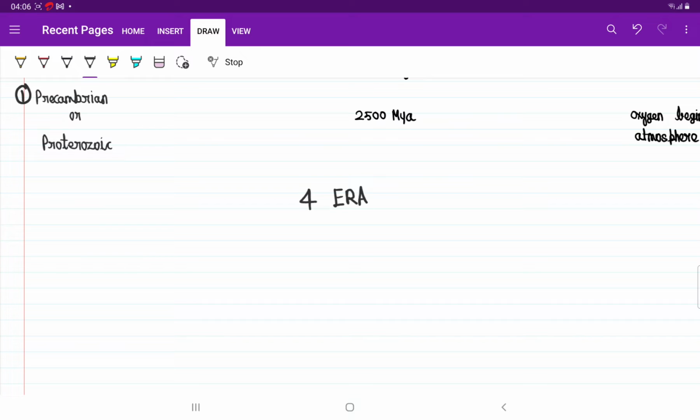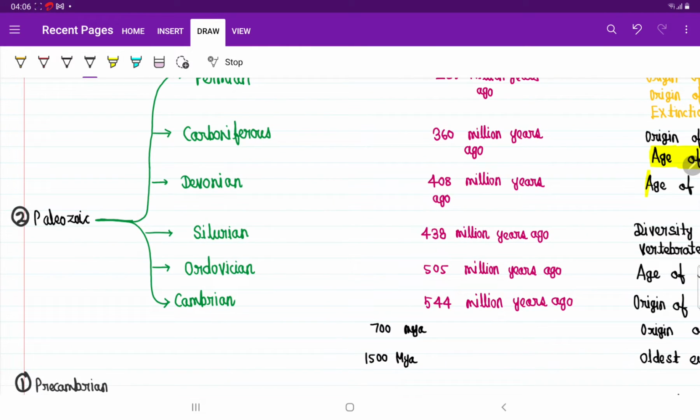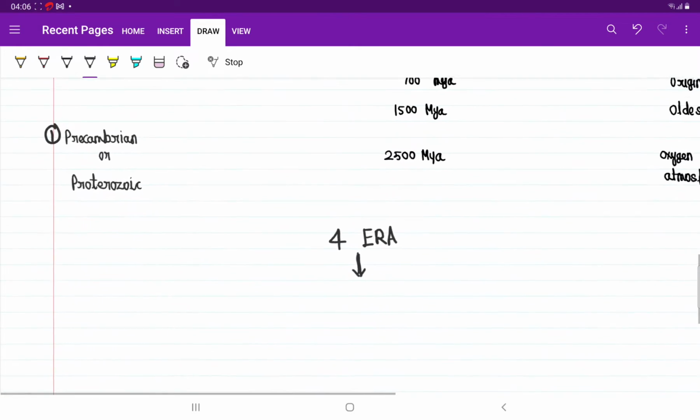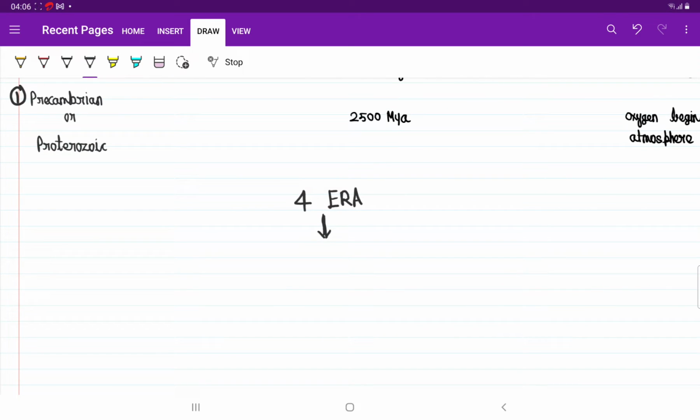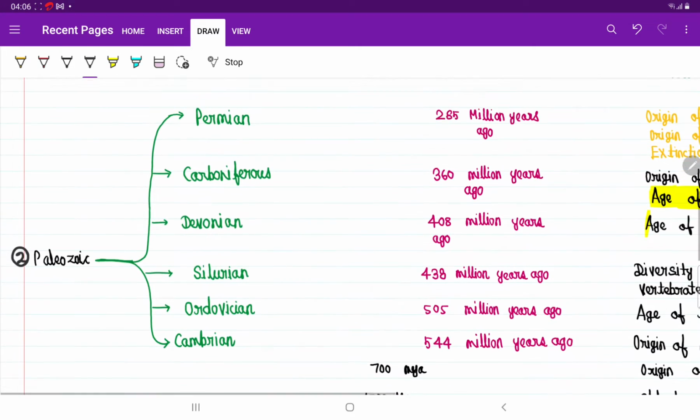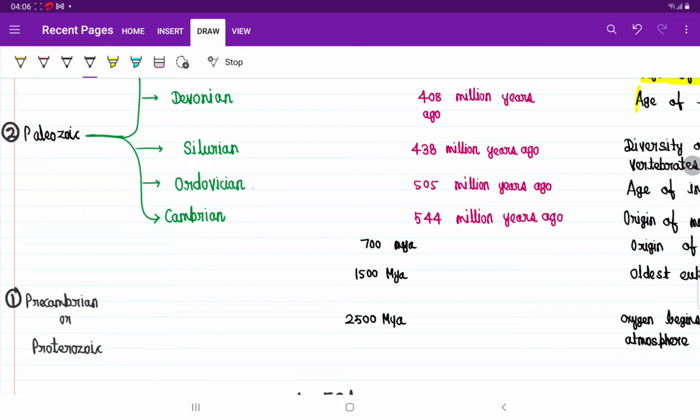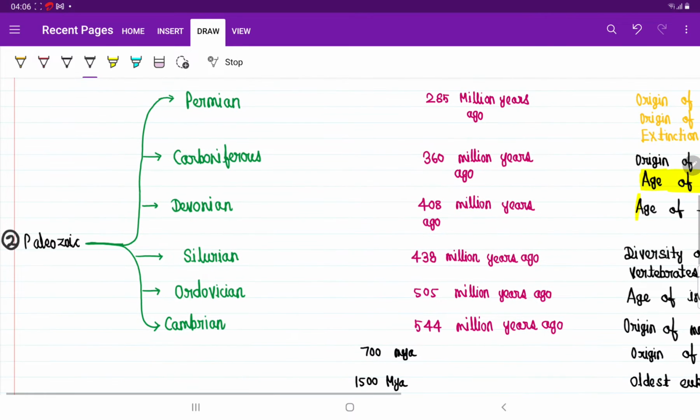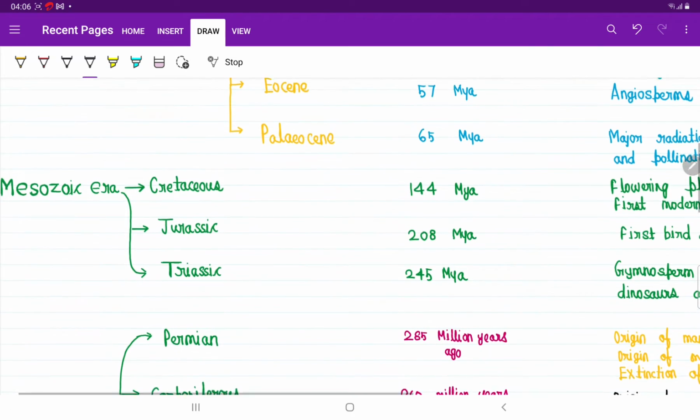Again, these eras are not sufficient to explain all the evolutionary phenomena, activities and processes happening on this Earth. So we further divided some eras into different periods. We divided the Paleozoic era into different periods: Cambrian, Ordovician, Silurian, Devonian, Carboniferous, Permian.